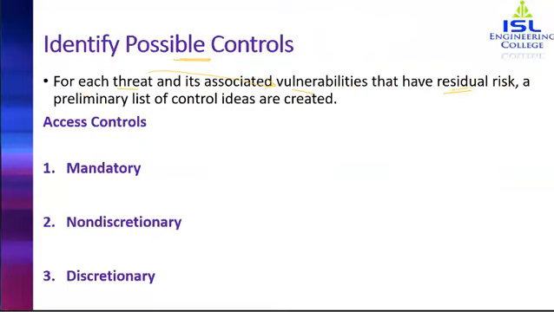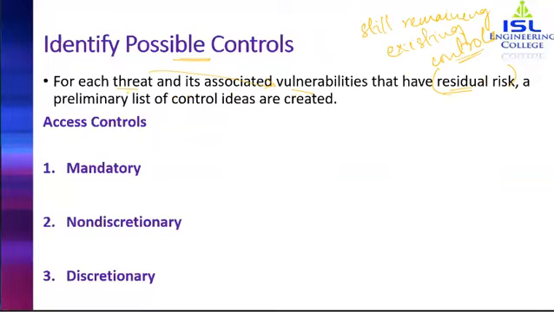Now, what is this residual risk? This residual risk is a risk that is still remaining even after you apply some specific control by making use of your existing controls. That is called your residual risk.